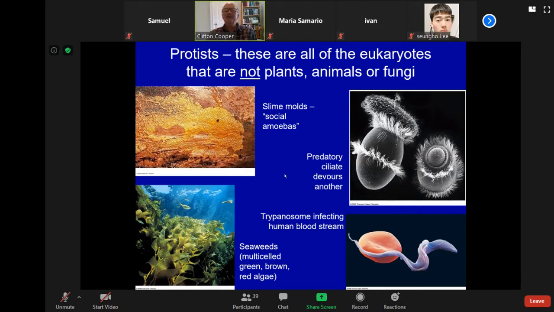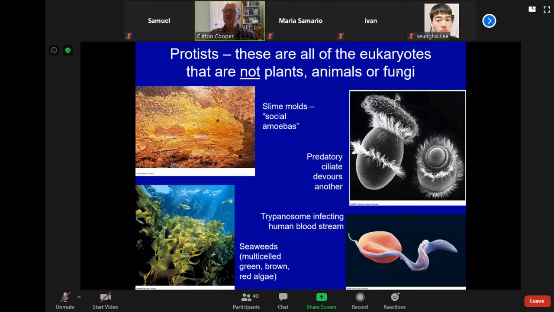These are all different kinds of protists, and they don't really have much in common with each other, except that they are eukaryotes, and none of them are plants, animals, or fungi. What we are left with is sort of this trash can kingdom where we throw everything else that doesn't fit into one of these three groups, because we have a good definition of plants, a good definition of animals, and a good definition of fungi.